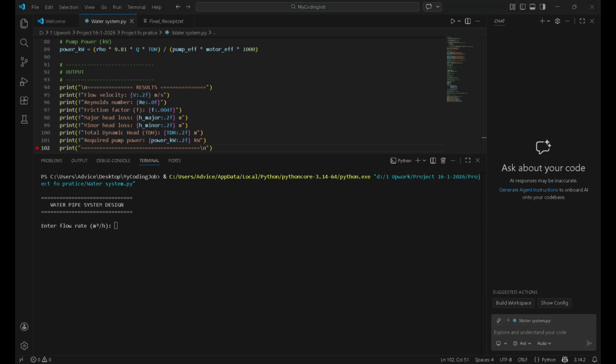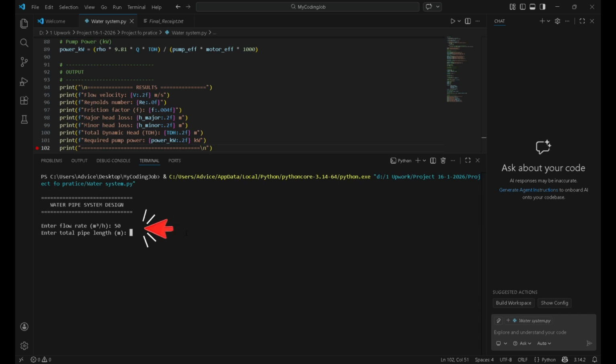The primary project parameters are summarized below. 1. Flow rate, 50 cubic meters per hour. The system must deliver 50 cubic meters per hour of water, a typical industrial demand used in cooling, utility supply, and general plant processes. This value drives the fluid velocity, friction losses, and pump duty selection.